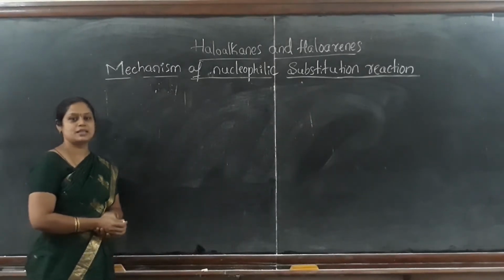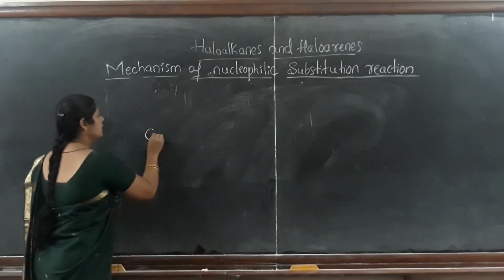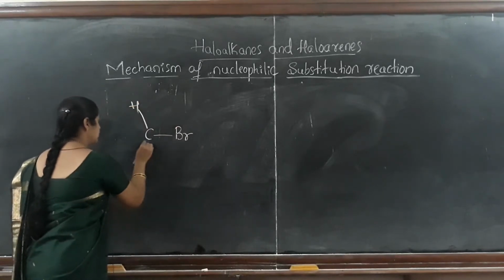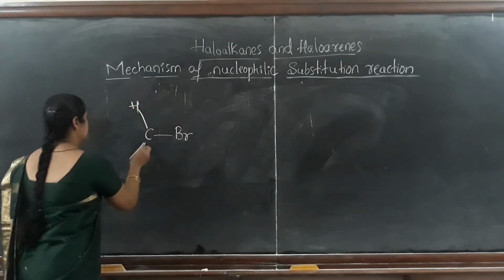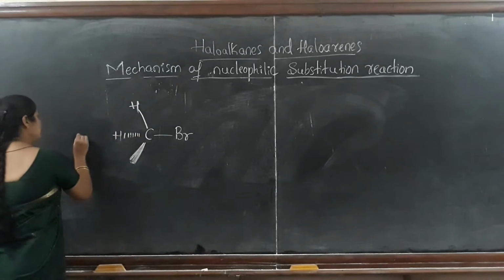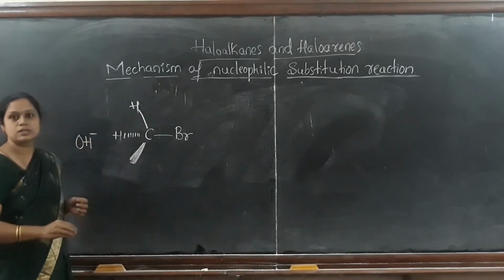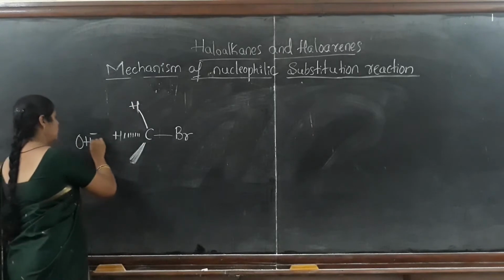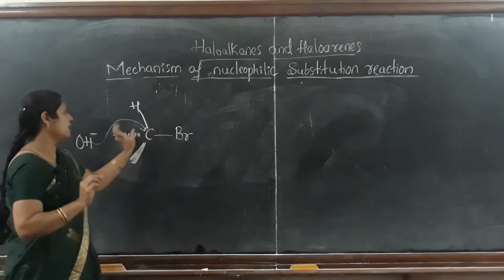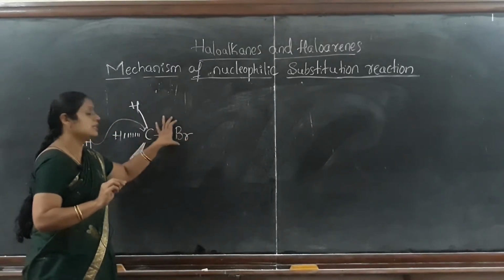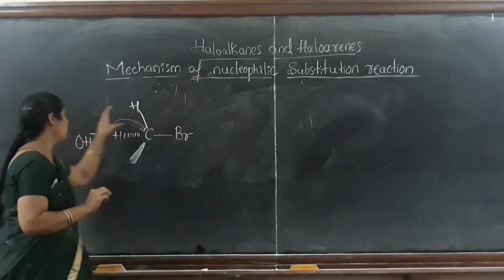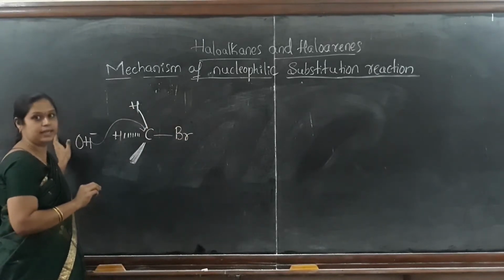This is a single step where methyl bromide is treated with a nucleophile, that is, hydroxide ion. The hydroxide ion attacks the carbon from the side opposite to where the halogen is attached, because Br is negative and the hydroxide ion is also negative, so it repels.